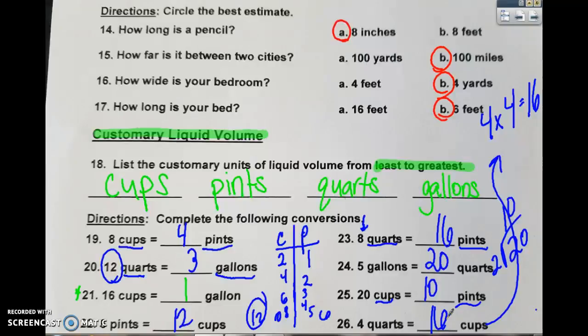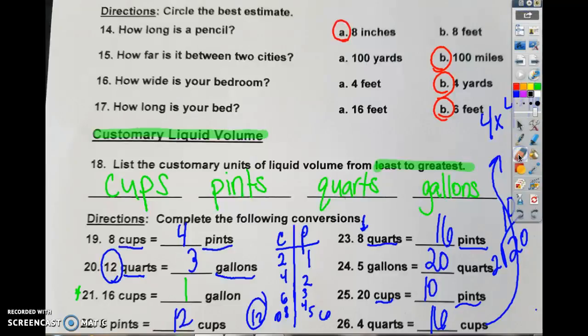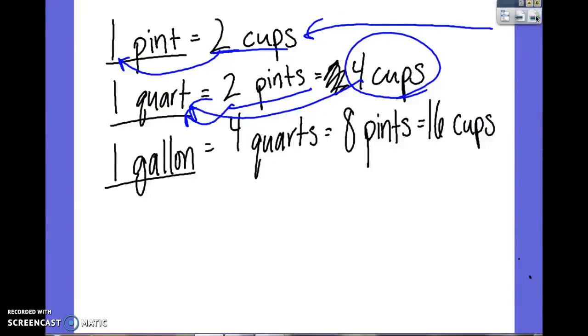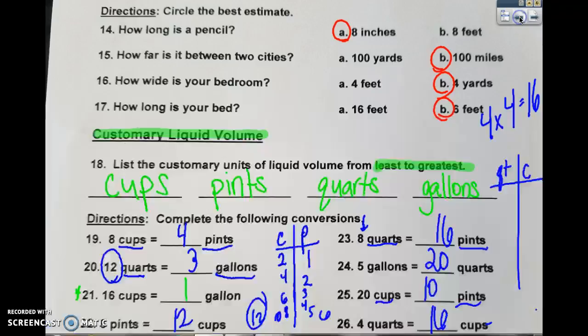Now, if I wanted to do that in a graph, I could have quarts, and then I could also have cups. And I could say 4 cups in 1 quart.